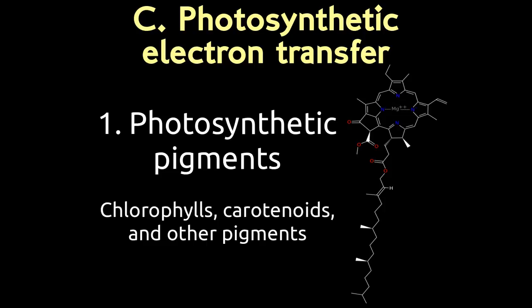So let's very briefly talk about how we go about using the thylakoid membrane and the other components of the chloroplast to capture light. One of the important components here is photosynthetic pigments, which include chlorophylls, carotenoids, and a few other pigments.